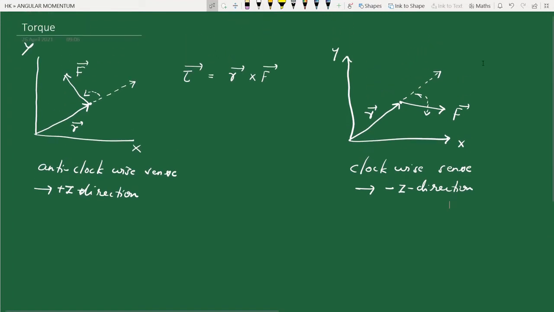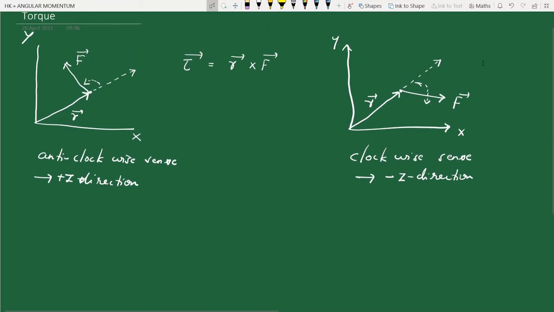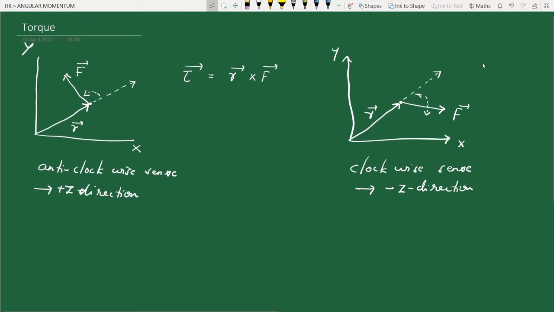Okay, now how do we write the magnitude of the torque? As in the case of angular momentum, here also we can use geometrical method. This is the position vector r. This is the direction of the force.